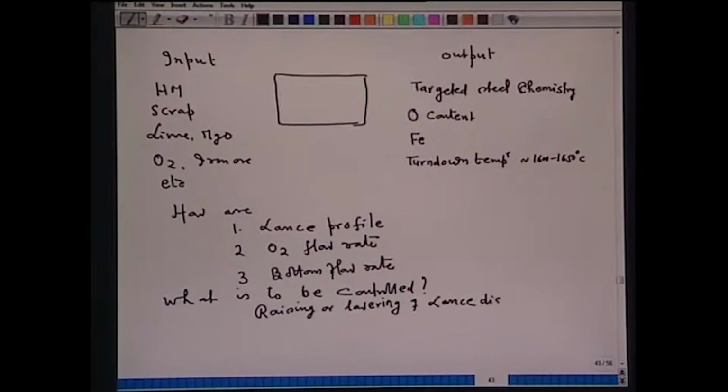That is, when the lance distance is to be raised and when the lance distance is to be lowered, that is the one that we are looking for the control.